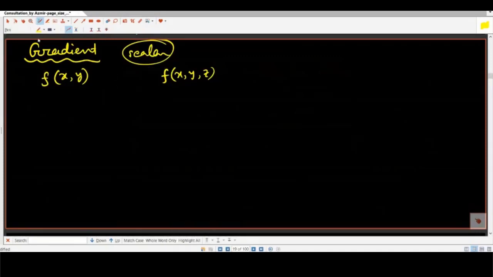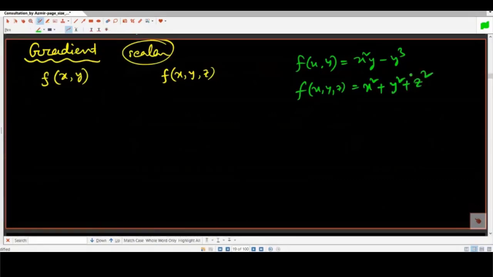So these functions can be f of x comma y equals x squared y minus y cubed, f of x comma y comma z equals x squared plus y squared plus z squared. So these are the examples of these scalar functions.